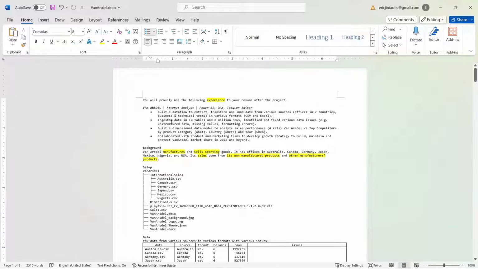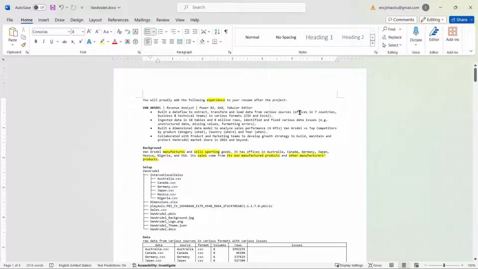And let's go through this real quick because you have gone through the project and I think you're familiar with what we have achieved, even by watching, right? So the first bullet, we actually built a data flow to extract, transform, and load. So this is the ETL process. So we collect data from various sources in various formats with various data issues.